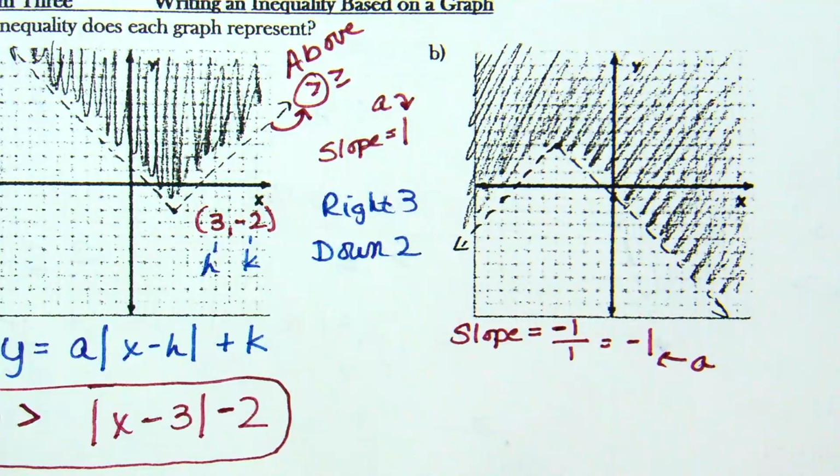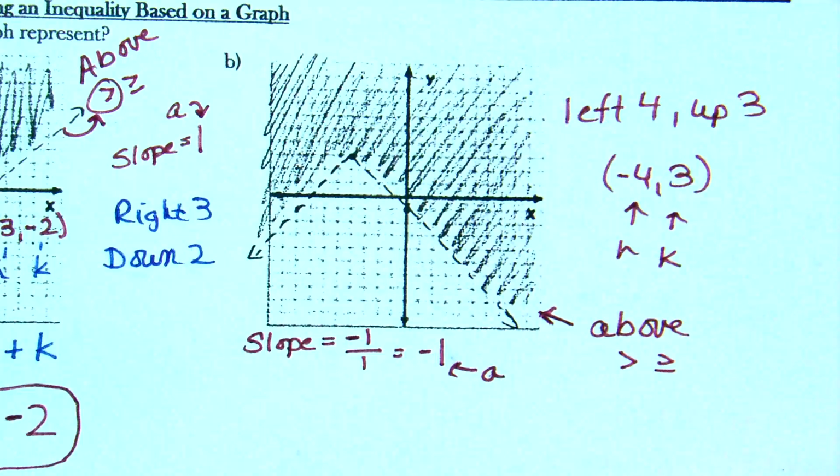Dash, so greater than. y greater than negative absolute value x minus -4, so +4, and then +3.